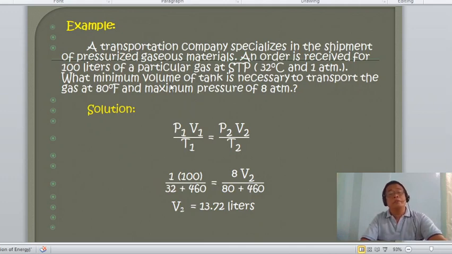Again, substituting values, making pressure and temperature absolute, the final volume now is 13.72 liters. Okay, so take note, 13.72 liters only, compared to the original volume of 100 liters. Okay?